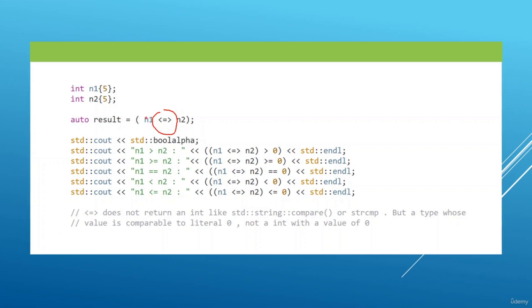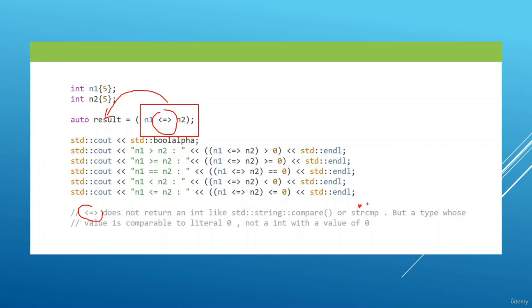But if you do something like comparing two things like we are doing here, the result of that is going to be a type that we have in C++20. And it is going to be storing information about this comparison. And one thing you should know is that the three-way comparison operator is not going to return an int like the string compare function we just looked at, or the strcmp function.